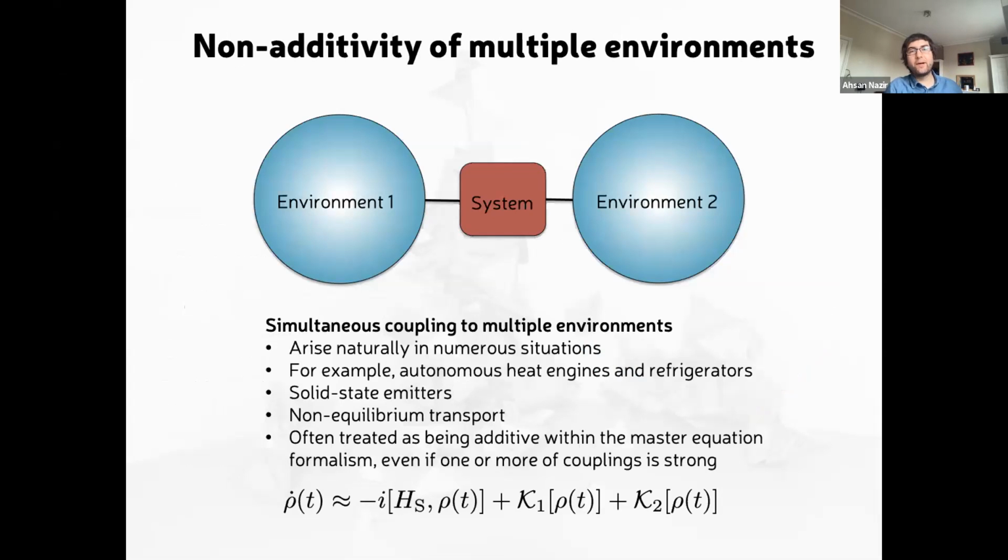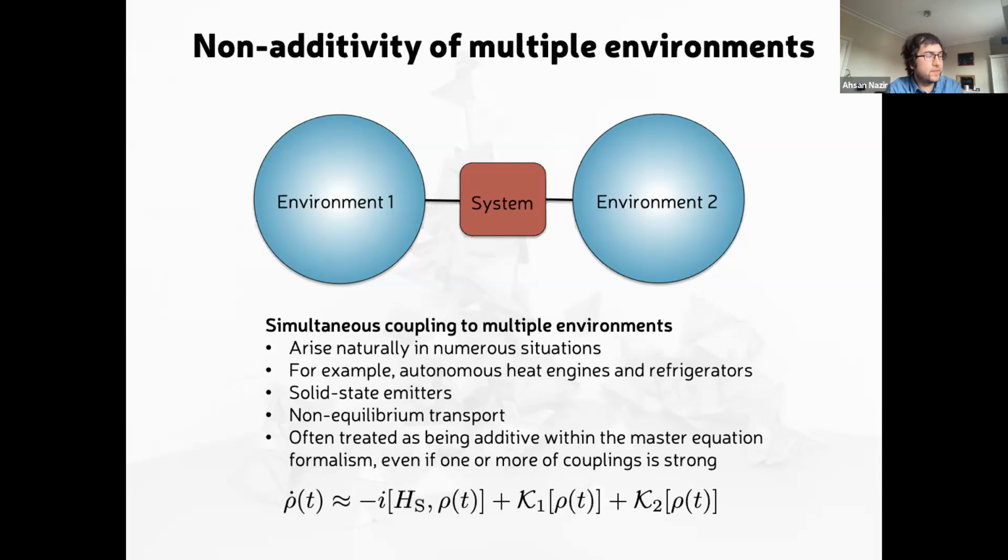So to say a little bit about what I mean by non-additivity of multiple environments, you can see schematically here, we might consider some system that's simultaneously coupled to two different environments. This kind of situation arises naturally in many different situations. I already mentioned a couple in the outline and introduction.